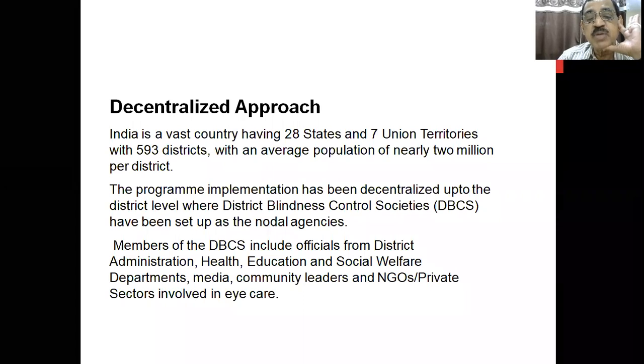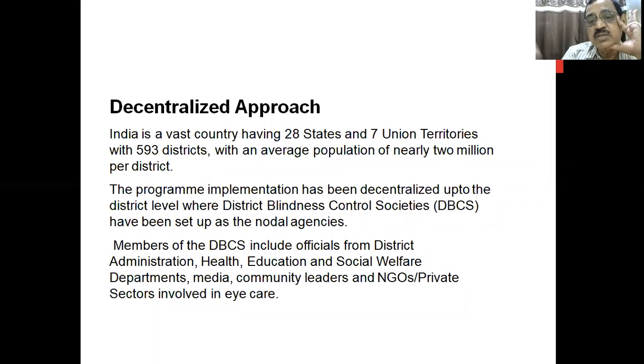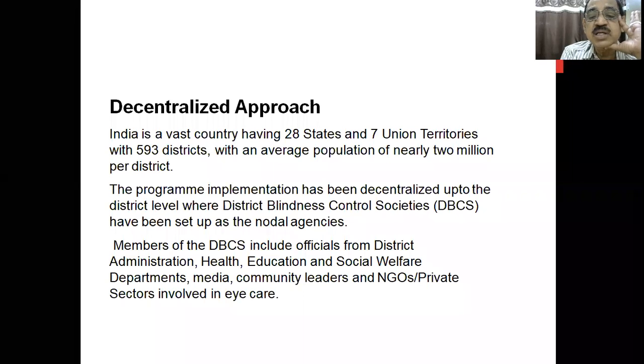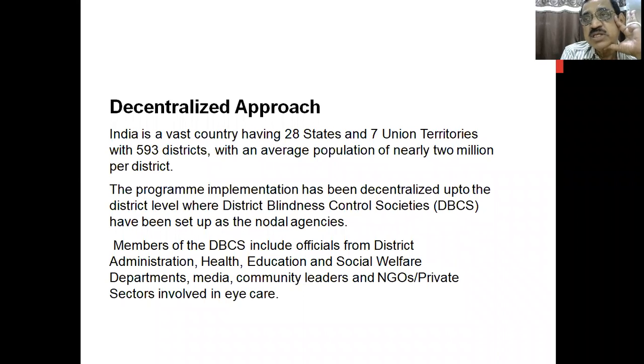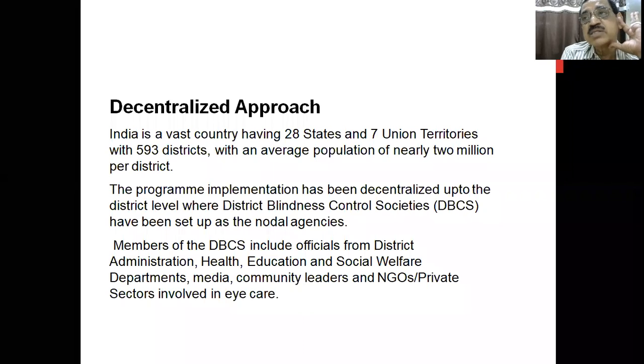So the program implementation has been decentralized, because you cannot have a central setup and implement the program all through unless you have a decentralized approach. It has been decentralized up to the district level by the District Blindness Control Society, DBCS.